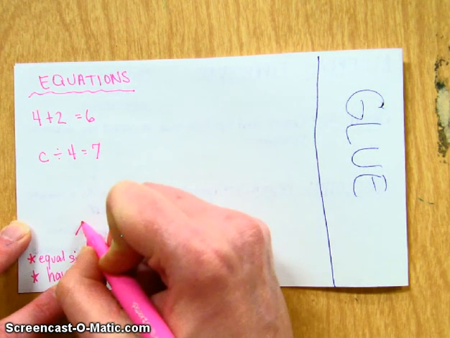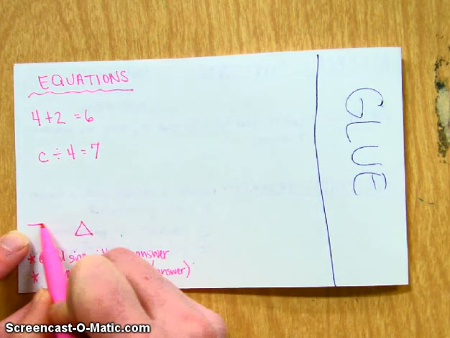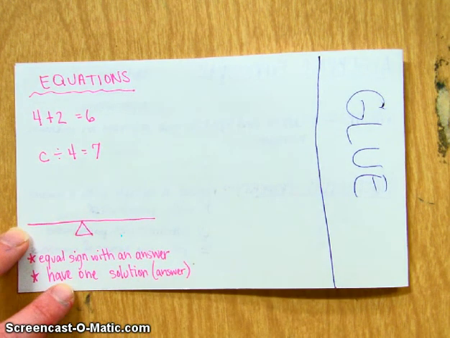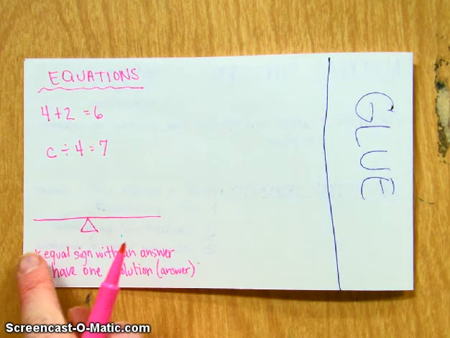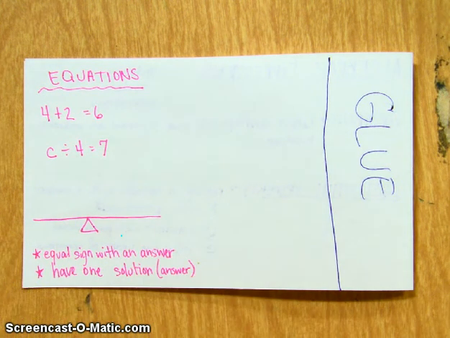And you can think of these equations and balancing them like a seesaw. Whatever you do to this side of the seesaw to keep it balanced, you have to do it to this side of the seesaw to keep it balanced. So those are equations.